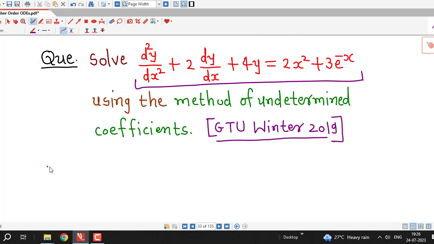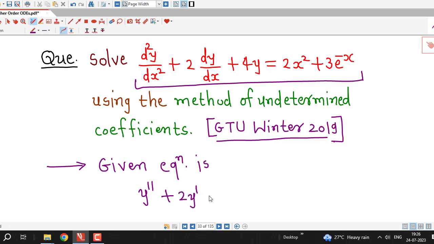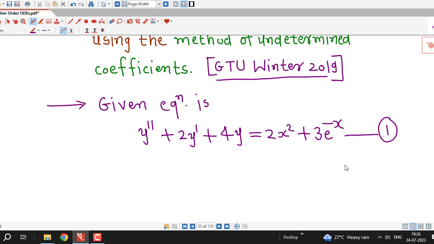So first we write the given equation, and then we will try to solve it using the method of undetermined coefficients. I can write the given equation as y double dash plus 2 times y dash plus 4y equal to 2 times x square plus 3 times e raised to minus x, and we give this number 1.